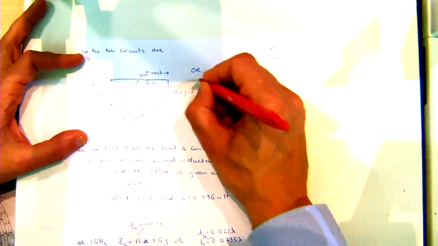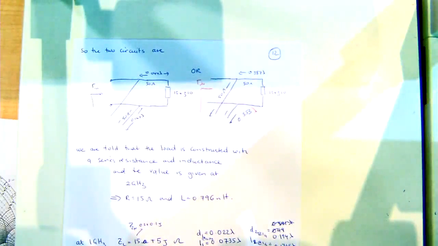Okay, so therefore, once we've got those matched, gamma in is equal to what? If you've got a perfectly matched source, or perfectly matched network. Zero, perfect. No reflection coefficient.